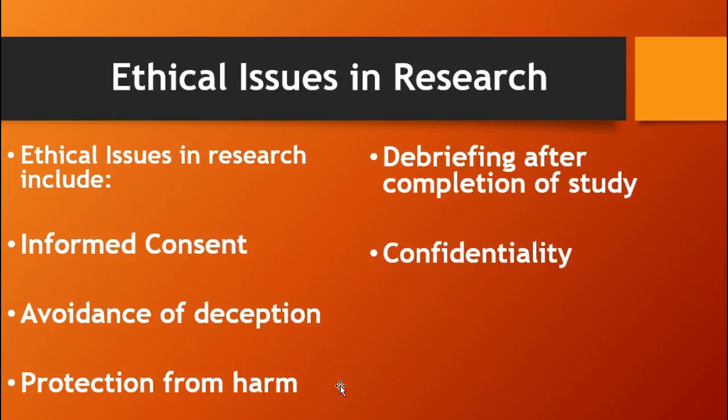Participants must not be psychologically or physically harmed. And then they must be debriefed or told about the results of the study, or why the study was being conducted. And as researchers, we must keep everything in the research study confidential. And we will talk about each of these, and you will do an activity in ethical research.